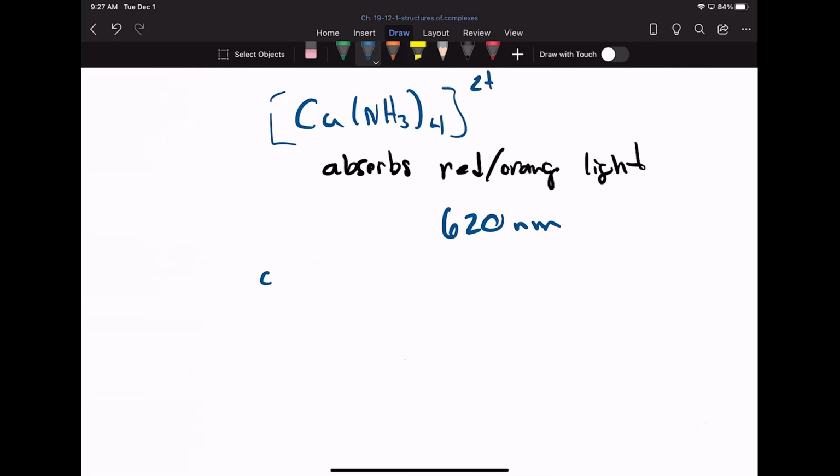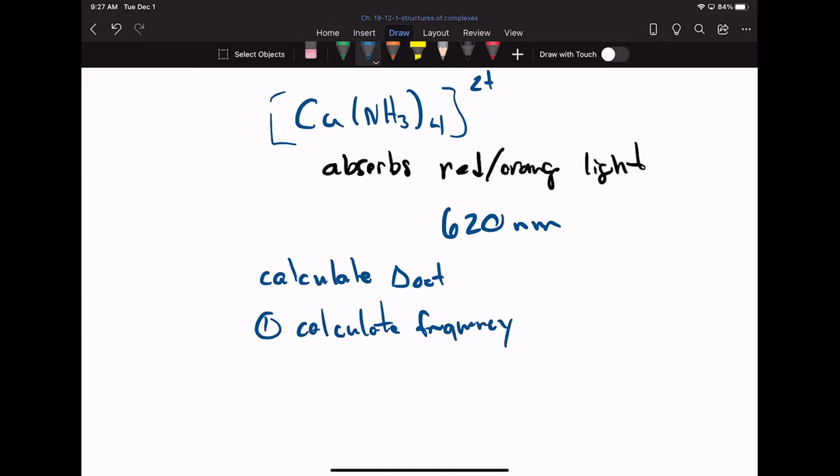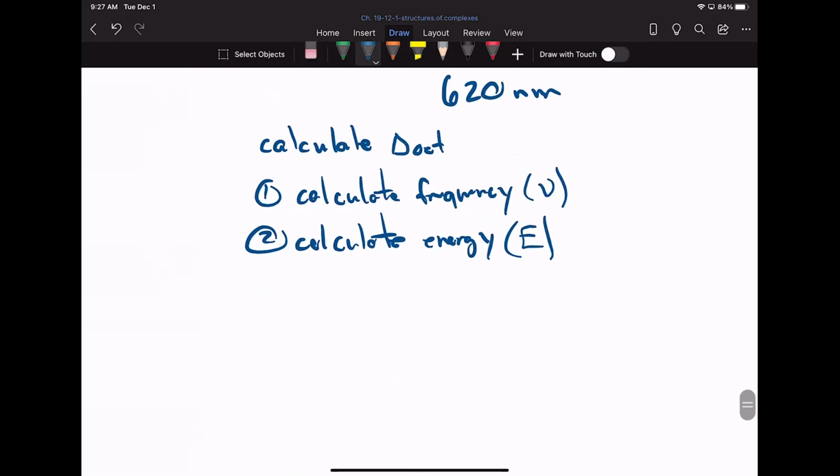So in order to calculate the splitting, you need to calculate frequency, and then we're going to calculate energy.